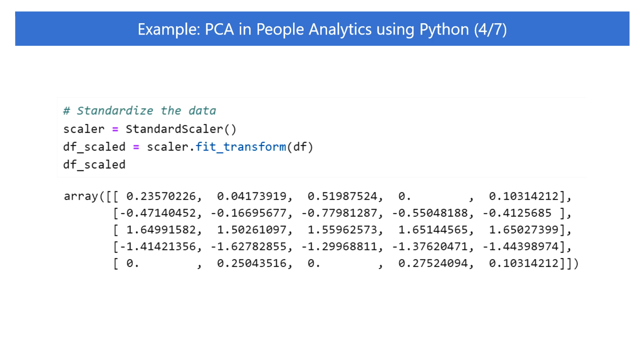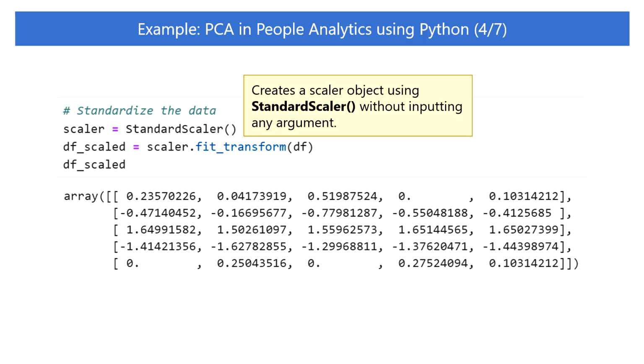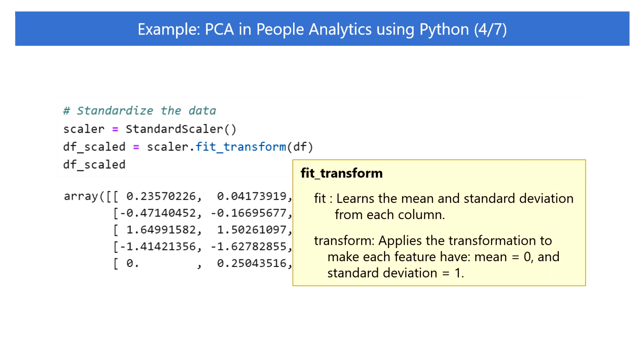The first step of PCA is standardization. This step is important because PCA is sensitive to feature scales. The first line creates a scaler object using StandardScaler without inputting any argument. Then apply fit_transform.